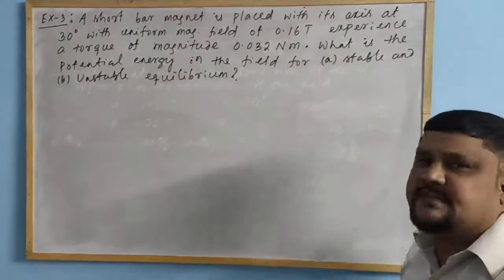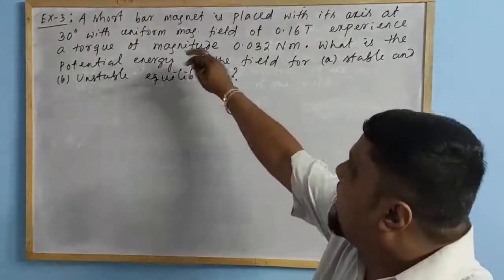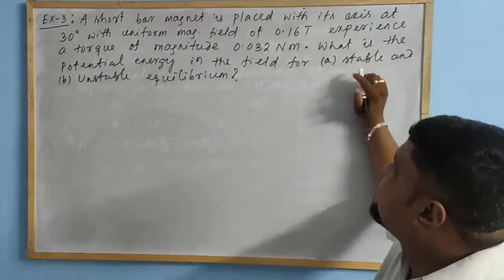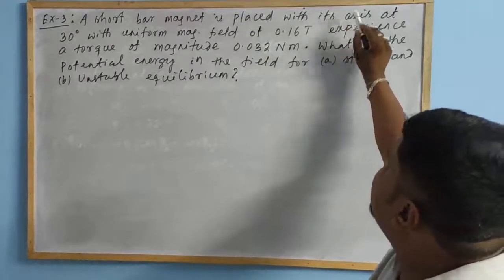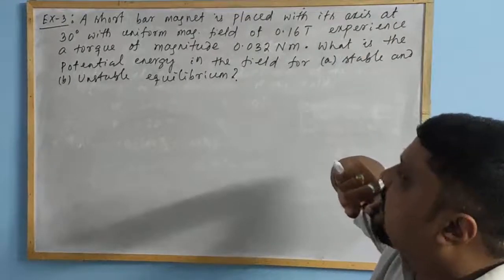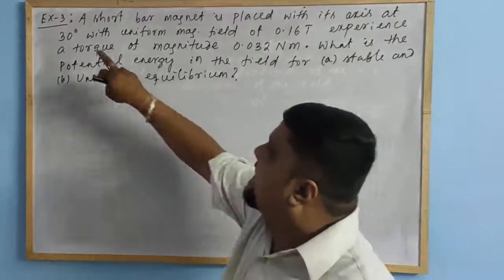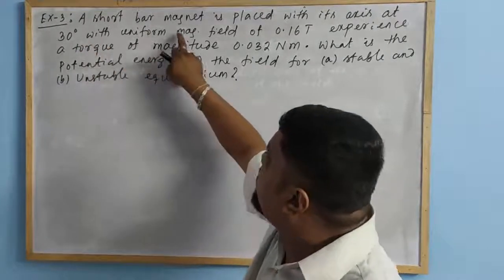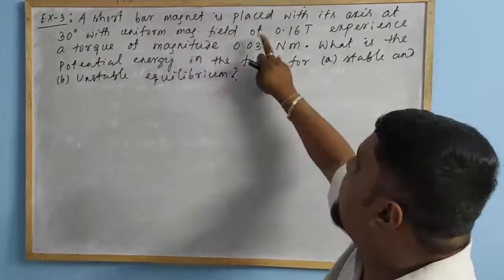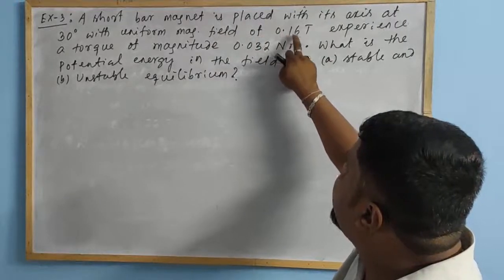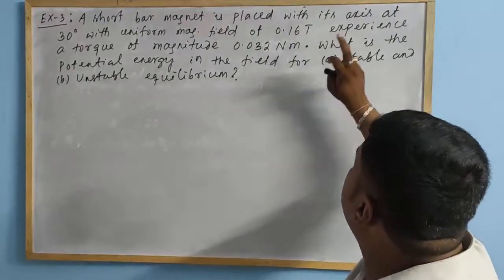Come to example number 3. A short bar magnet is placed with its axis at 30 degrees with a uniform magnetic field of 0.16 tesla.